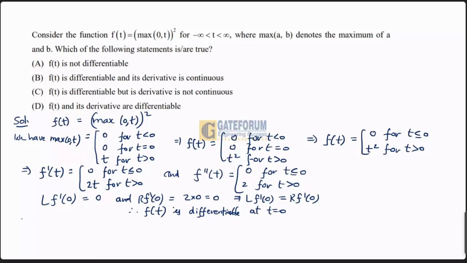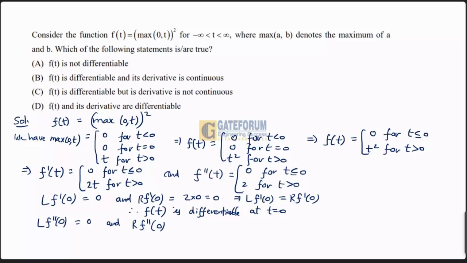Next, L f double dash 0, that is the left hand derivative of f dash t, that is the f double dash t value when t is less than 0. So that is 0. And R f double dash 0 is the right hand derivative of f dash t at t equal to 0. Right means when t is greater than 0, the second derivative value is 2.